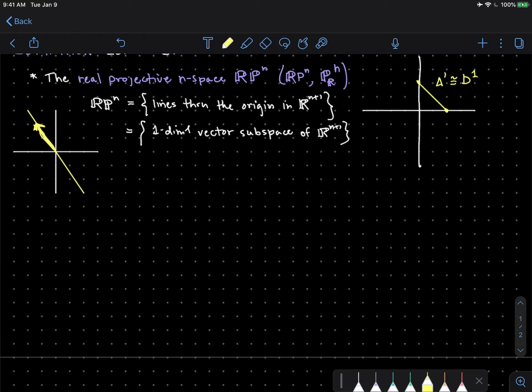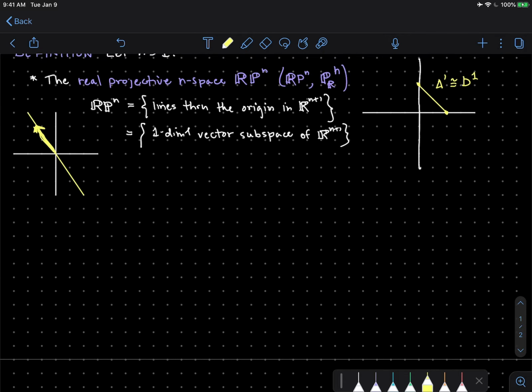But it's not uniquely determined by that unit vector, because there's another unit vector pointing in the other direction. So this allows us to present RP1, which consists of one-dimensional vector subspaces of R2.